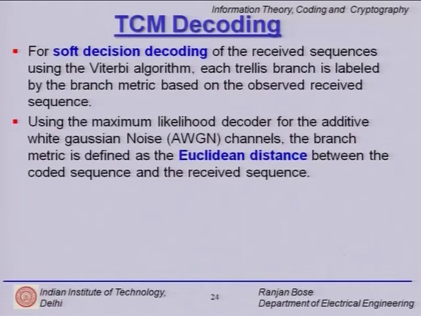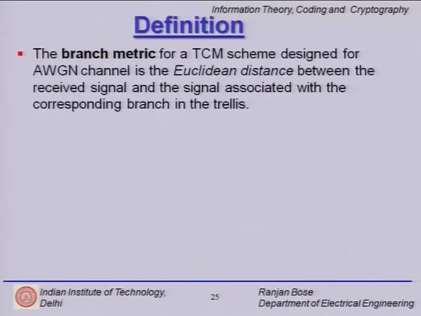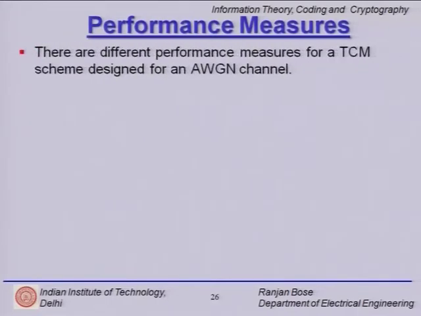So, using the maximum likelihood decoder for the additive white Gaussian noise channels, the branch metric is defined as the Euclidean distance, and the Viterbi decoder tries to find a path in the trellis which is most closely resembling, that is closest in terms of the Euclidean distance, with respect to the received path. So, a branch metric for a TCM scheme is now in terms of the Euclidean distance, and we now try to find out the performance of TCM schemes in additive white Gaussian noise channels.